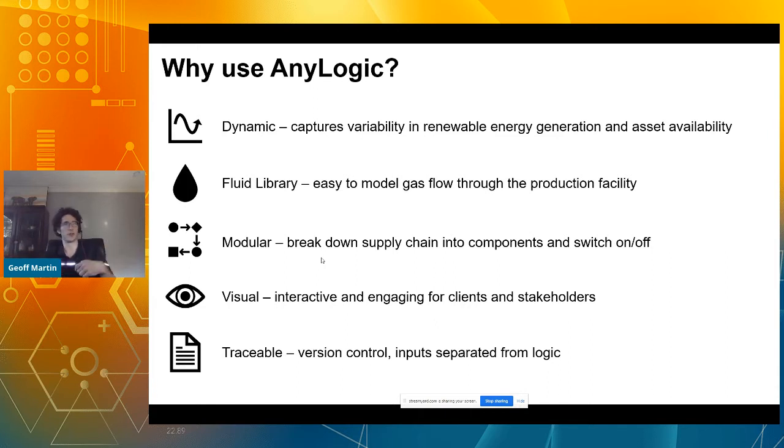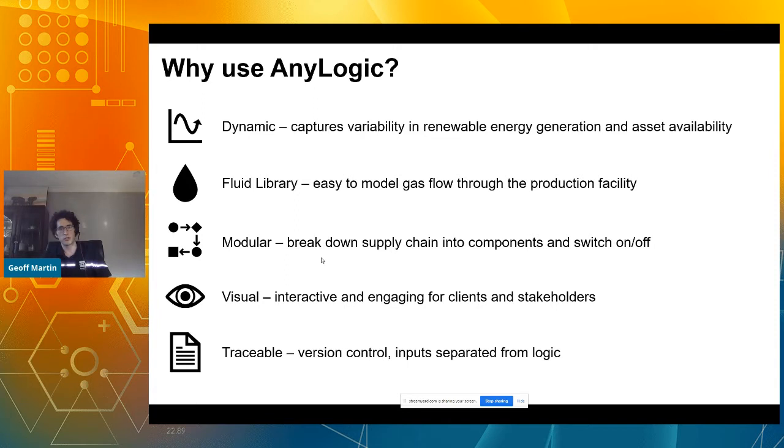So you can switch that on according to certain triggers. We can turn on, do we want to synthesize ammonia and sell that in this supply chain, or do we want to liquefy the hydrogen and sell it that way? Once you've got all these components, it's really easy to stitch them together in a way that's going to be a nightmare in a spreadsheet model.